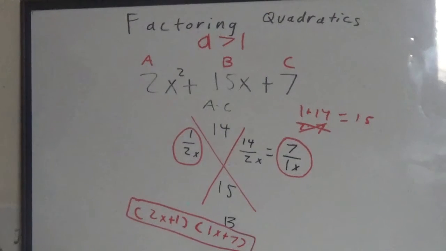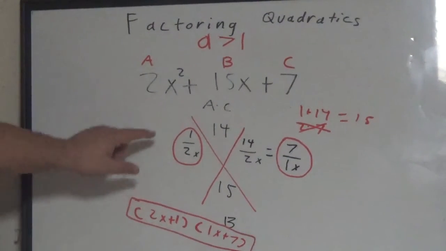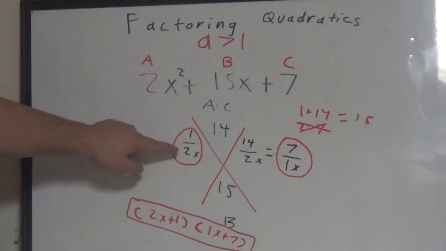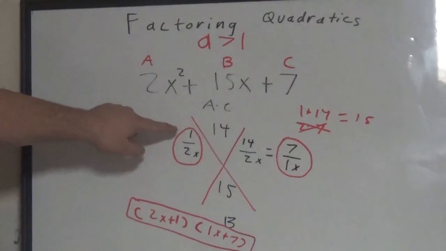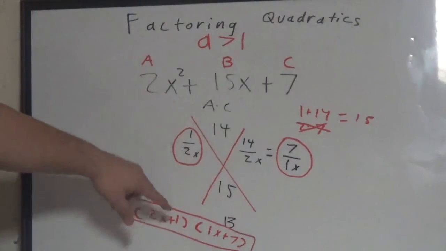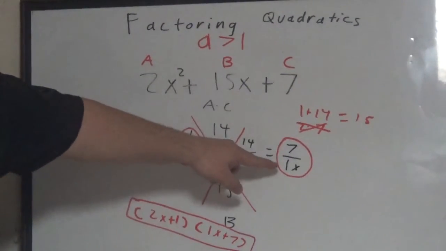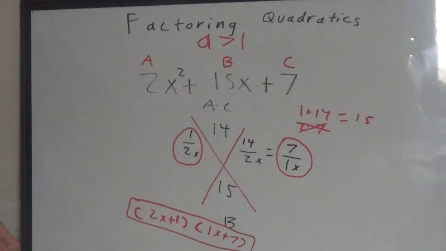And here's our answer. So our answer is going to be 2x plus 1 in one parentheses, and in the second parentheses, 1x plus 7.